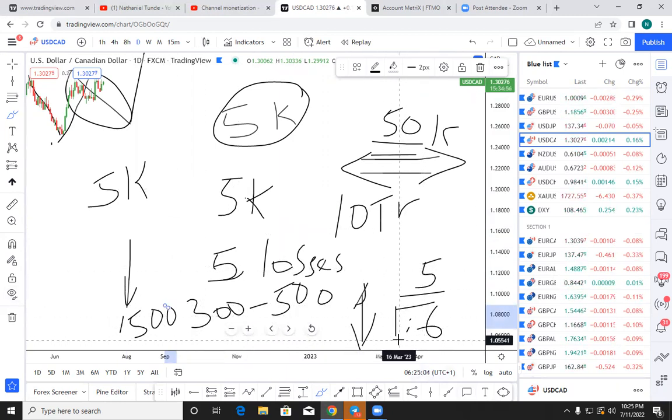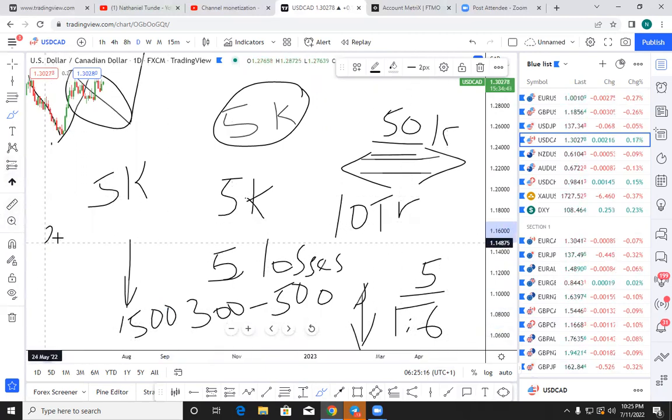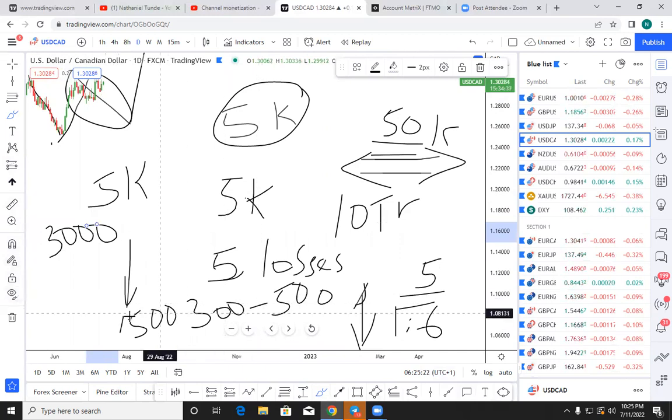But if I have a big win like 1:6, and I'm risking 500, I'm getting six times reward, so I'm getting 500 times 6. Can you see? 3,000. This is how I do it. So the whole loss is 1,500, and the win, only one, I'm getting 3,000.